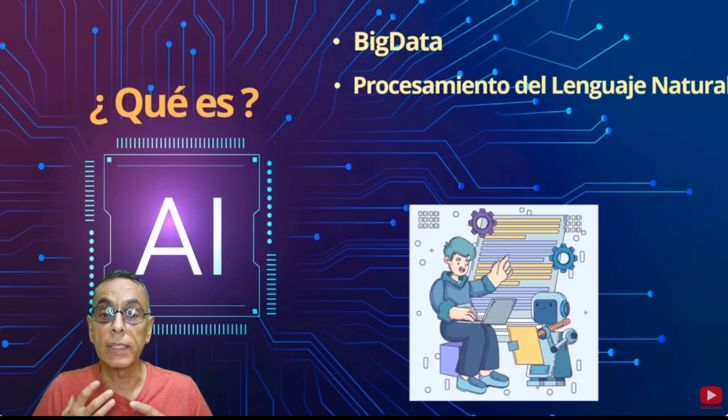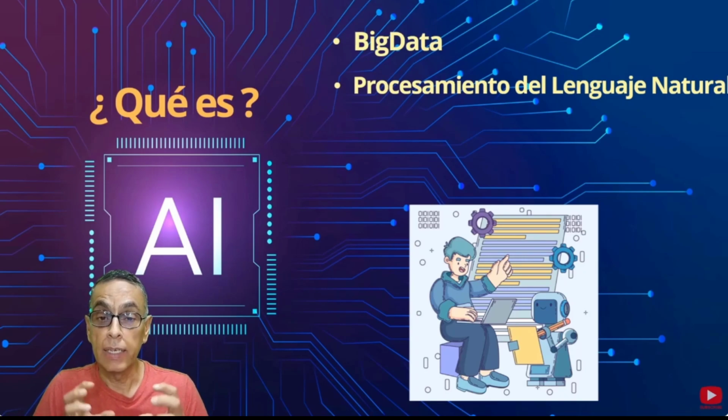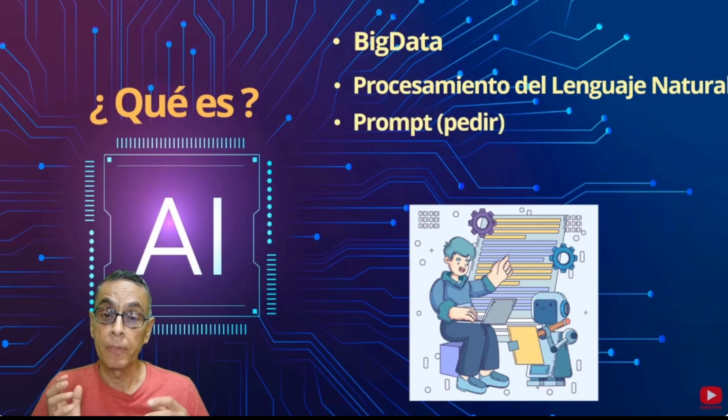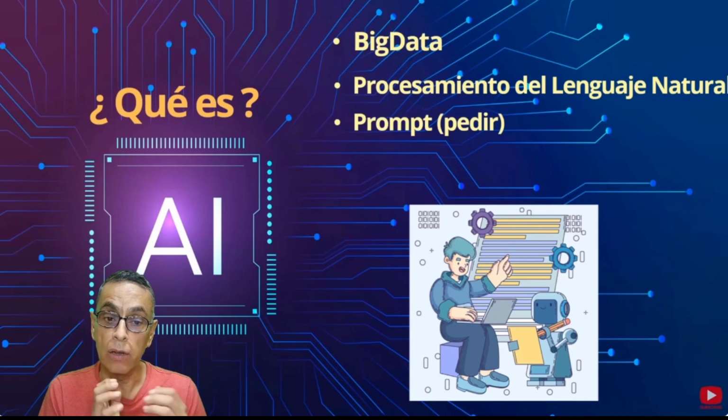It is known as natural language processing, which means that now to access that information it is done through a language as we use it. What we used to do was a query. A query is now called a prompt. So the queries are now done with a prompt, which in English means to ask.